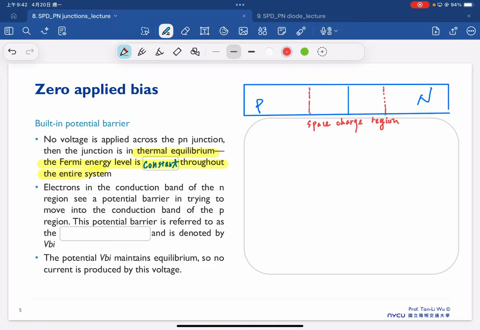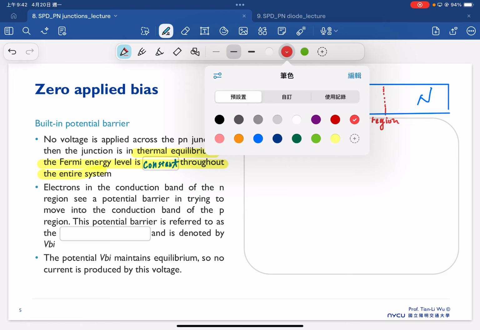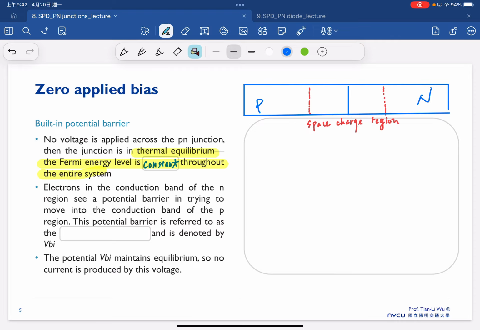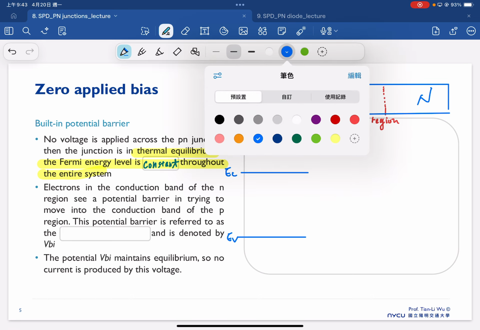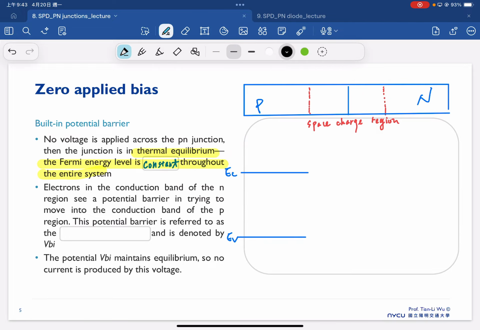First of all, we look at what would be the band diagram in the P region. As usual, we have the conduction band and valence band here, EC, EV, and because this is a P region, our Fermi energy is close to the valence band.